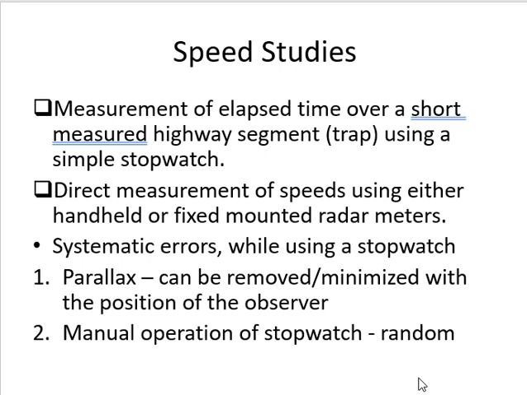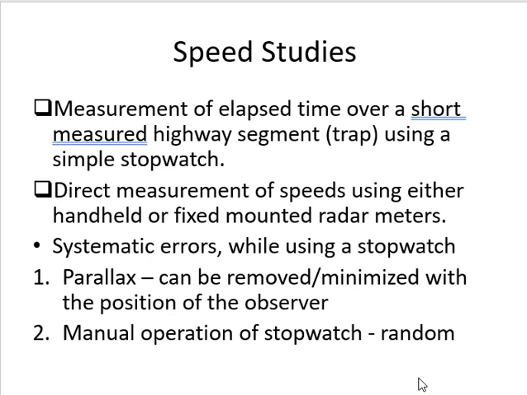Clear? If you are using a stopwatch, if you are using the first method, distance upon time, then there can be two types of errors in your measurement. Both of them are systematic errors, and then human errors.